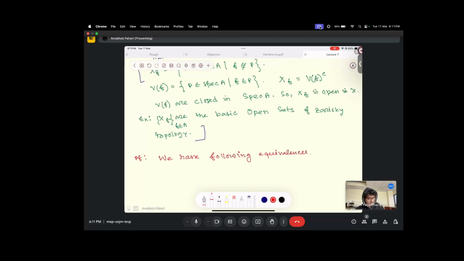That is, Q belongs to phi star inverse X_f. This should be equivalent to phi inverse Q belonging to X_f.